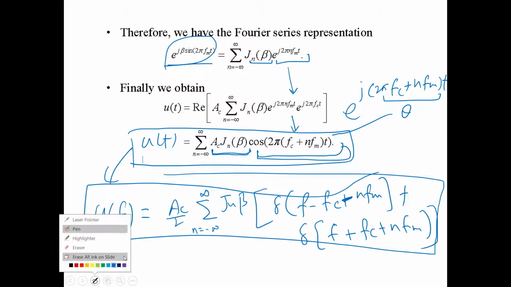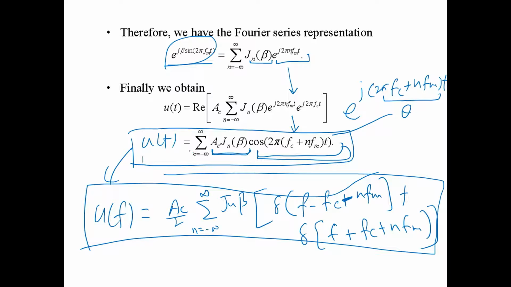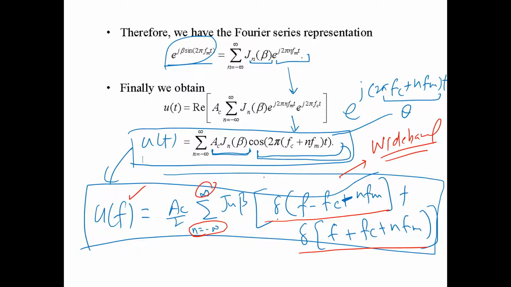So what can we learn from this? In an angle modulated signal, you are having infinite impulses. So basically the actual angle modulated signal is very wideband, because n is changing from minus infinity to infinity.